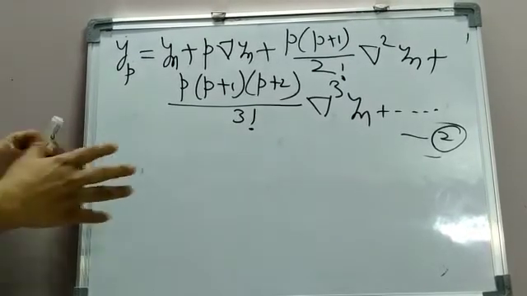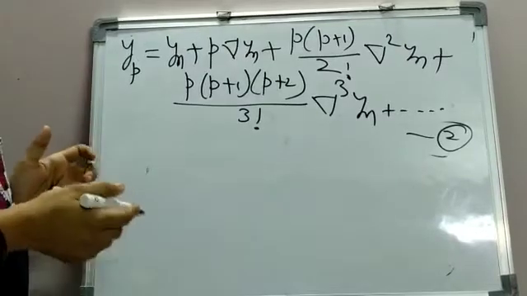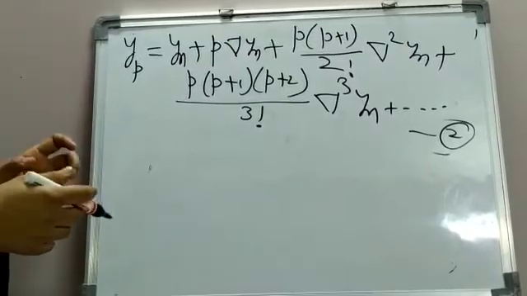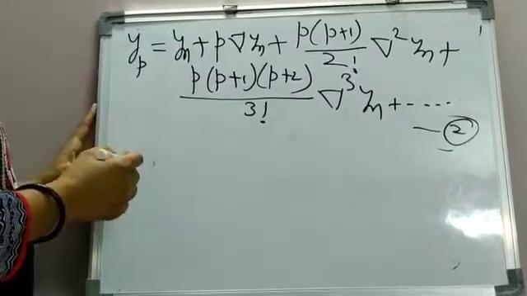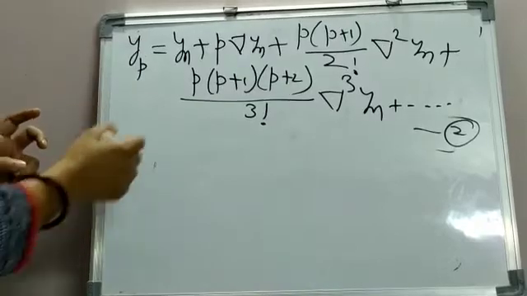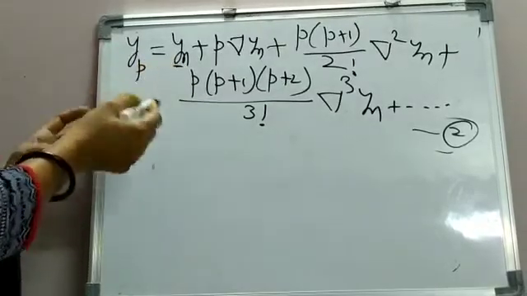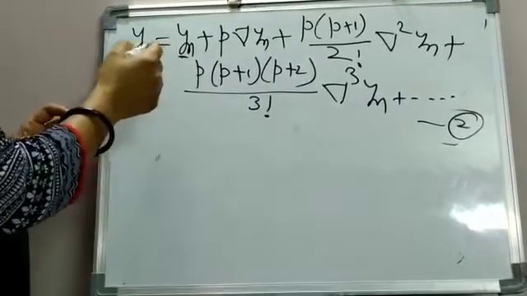When you apply this formula to a practical problem, what do you have to identify first? You have to identify the value from where you start applying the formula. For example, here y n. In the forward difference you have to determine y0, right?